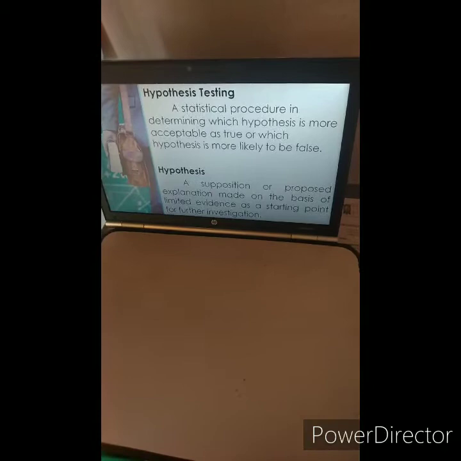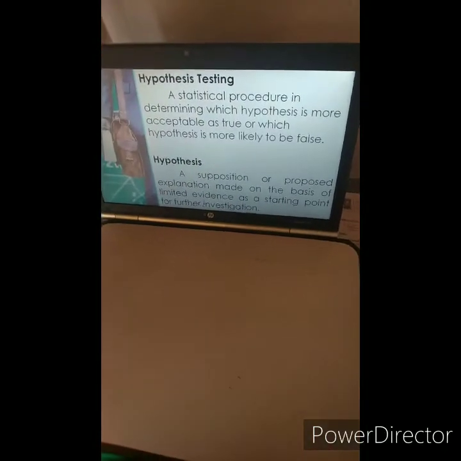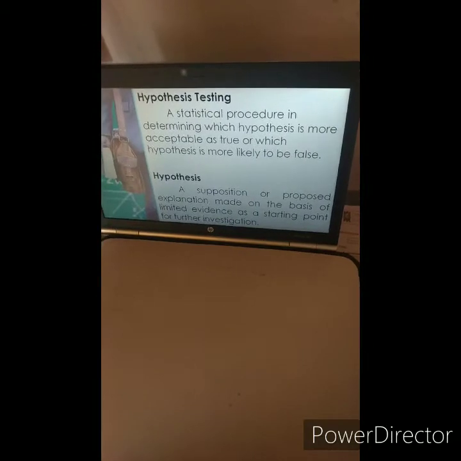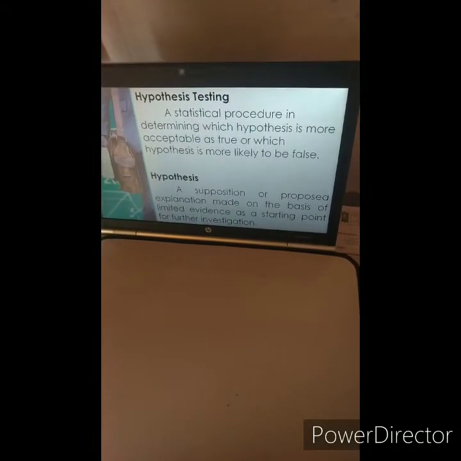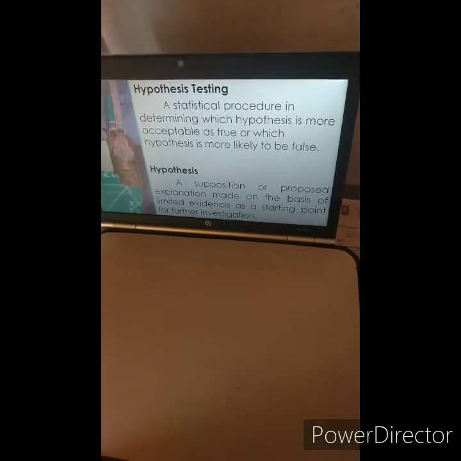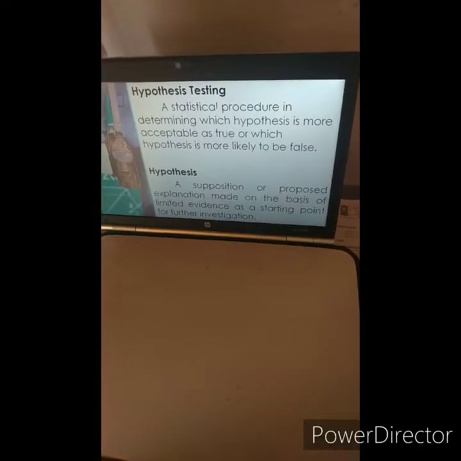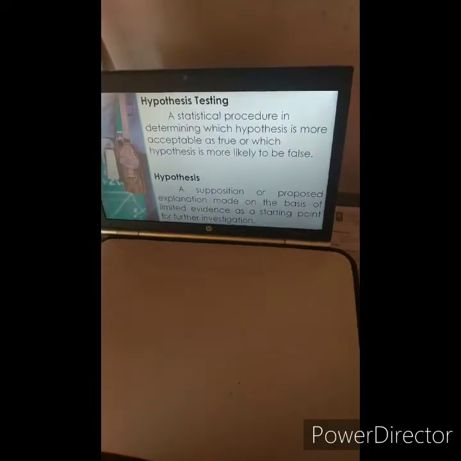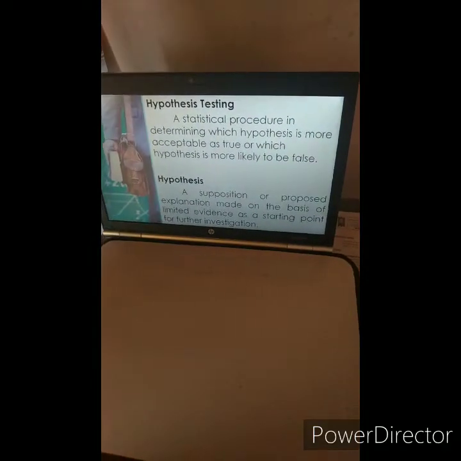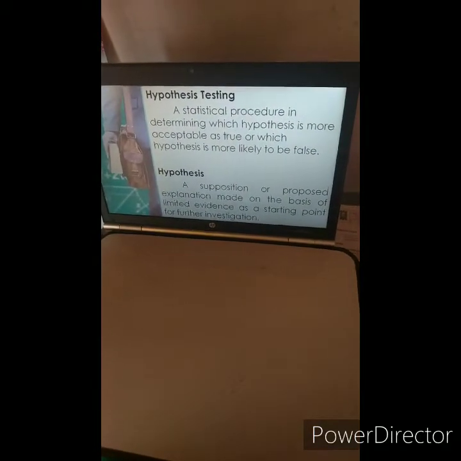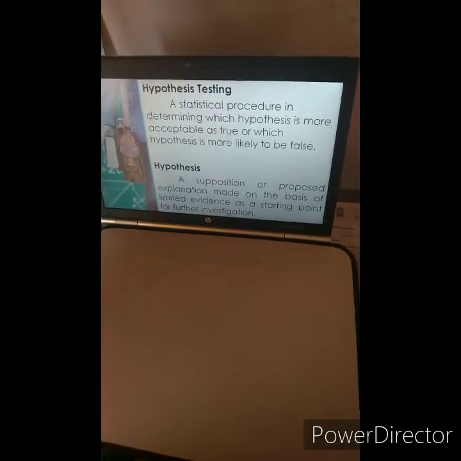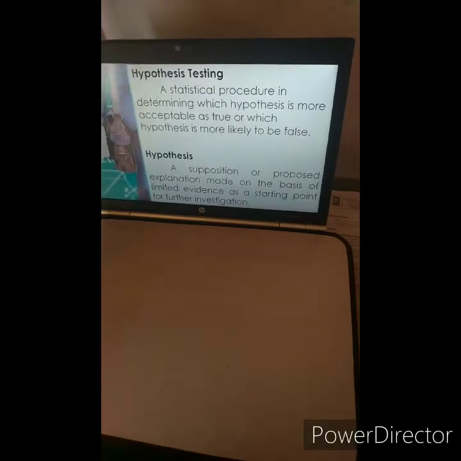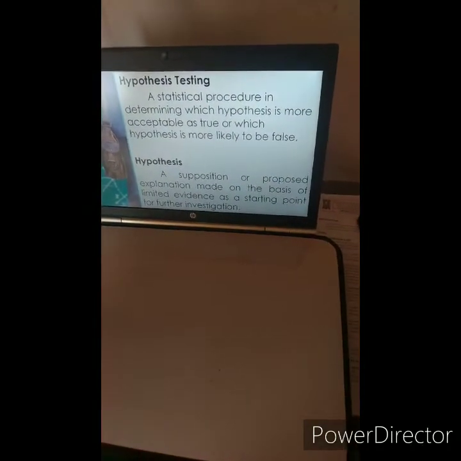So maybe, if you study the level of competency of senior high school students of UC, what is your hypothesis? Their level is above average. That is one of the hypotheses, or it could be below average. So those could be the possible outputs that you can have.